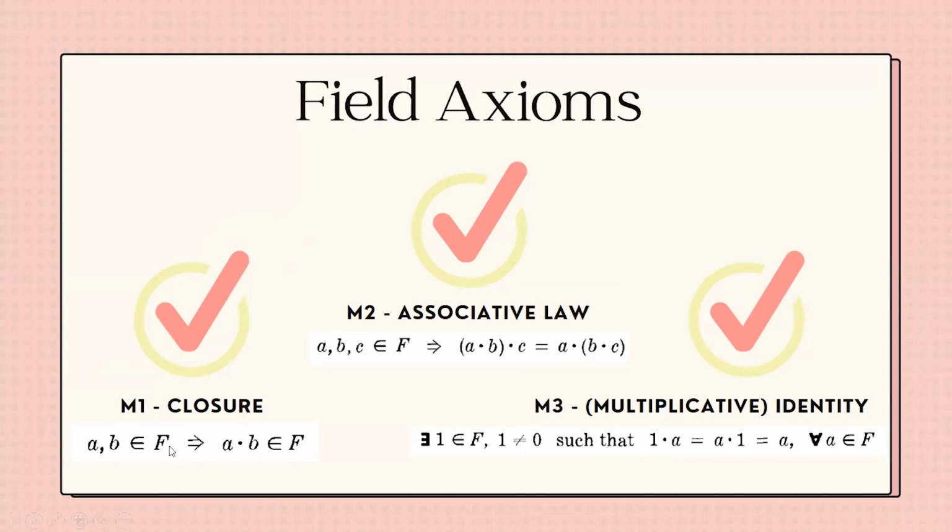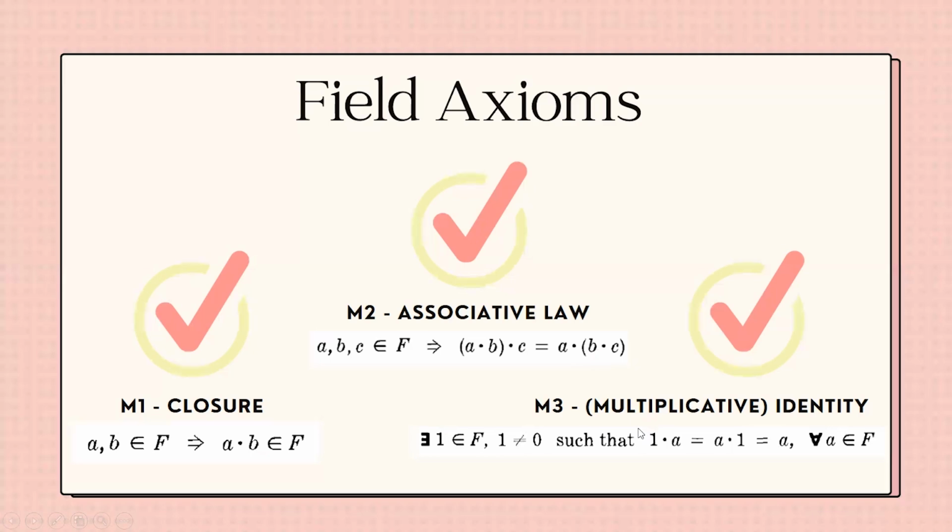This axiom stands for closure under usual multiplication. Then we have the next one, which is the associative law under multiplication. We have a, b, c an element of F, such that the product of a and b multiplied by c is equal to a multiplied by the product of b and c.